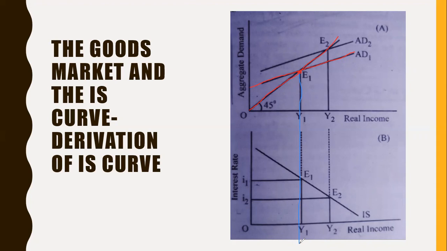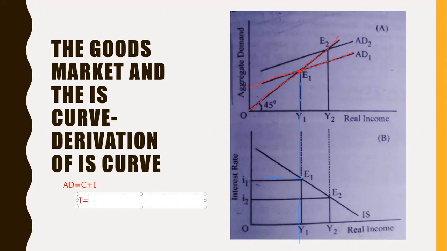See how it actually starts: first we have to assume the interest rate as I1. Then at this interest rate we have a certain level of aggregate demand. What is aggregate demand? Consumption and investment. So when I1 is the interest rate, at this interest rate we have a certain level of investment.